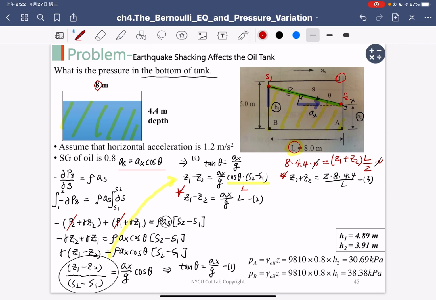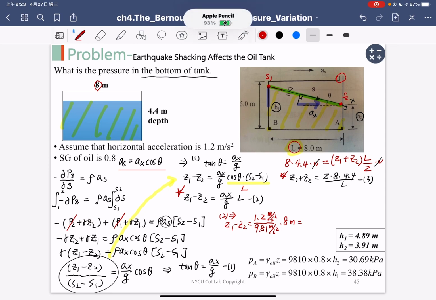Okay, so we put in numbers for our question. In equation 2, D1 minus D2 equals ax L over g, where ax is 1.2 meters per second squared, g is 9.81 meters per second squared, and L is 8 meters.